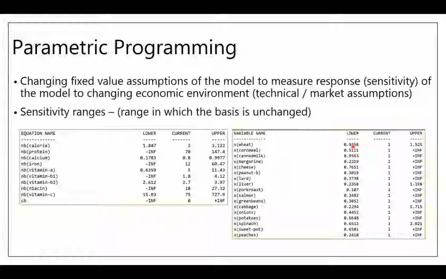So parametric programming says go one step further, and don't just tell me the range over which this is unchanged. In fact, go beyond that range and tell me the new solution value, because this sensitivity doesn't tell us what the value is when the calorie constraint drops down to 1.5, and that's something we might be interested in. And it doesn't tell us what the new solution is when the wheat price drops below 0.93.